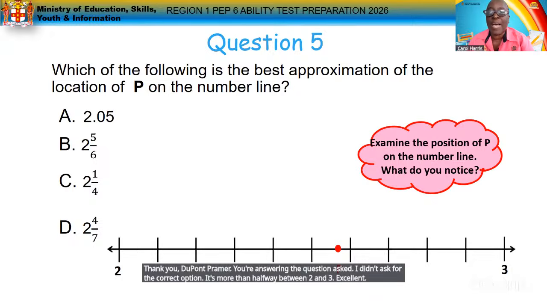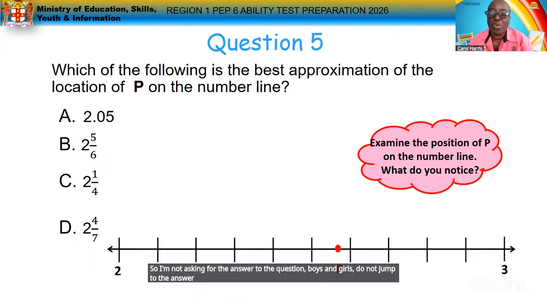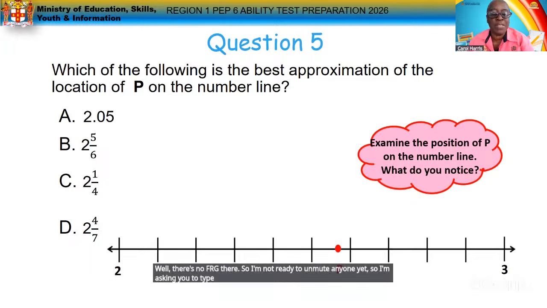Excellent. Good answer there. I'm not asking for the answer to the question, boys and girls. Do not jump to the answer. We're going through our process of discussing how we arrive at our answer. I'm not saying whether it's A, B, C, D, or even F. Well, there's no F or G there. I'm not ready to unmute anyone yet, so I'm asking you to type in the chat, please.